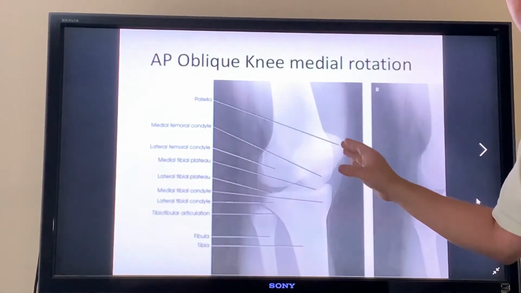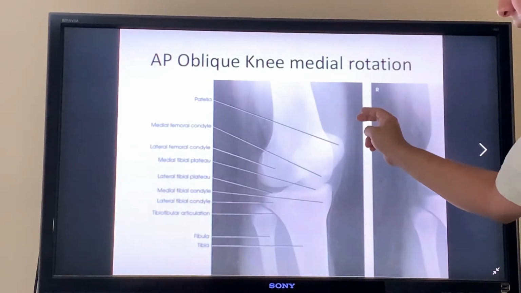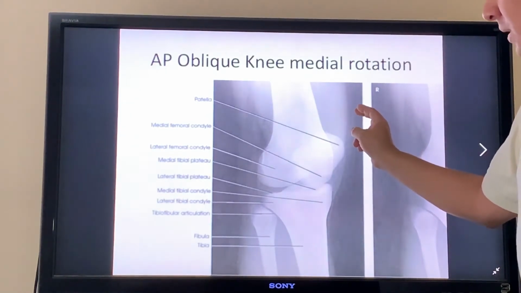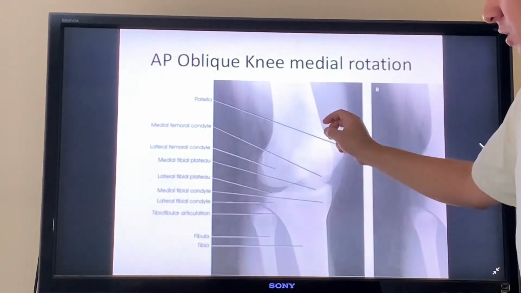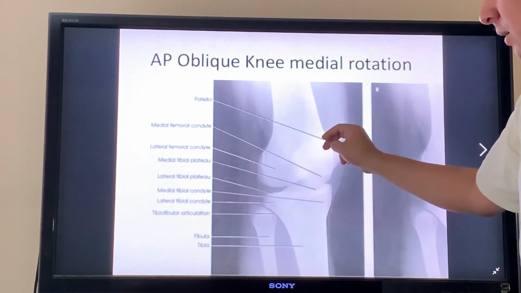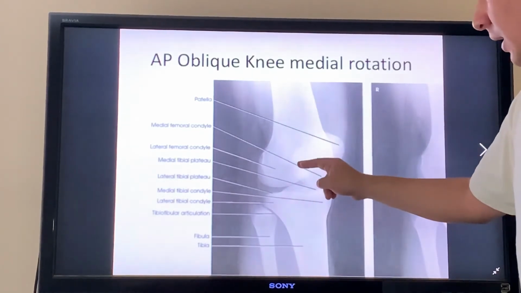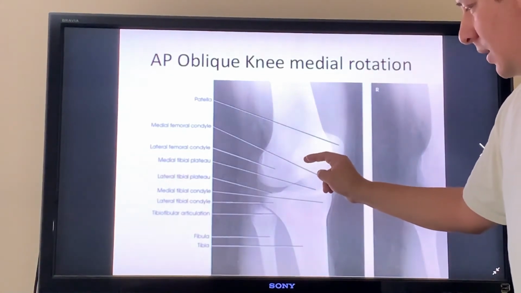Again, there's no angulation, but in this case, we'll be looking at the lateral side of the knee, showing the lateral condyles for the femur as well as the condyle for the tibia.